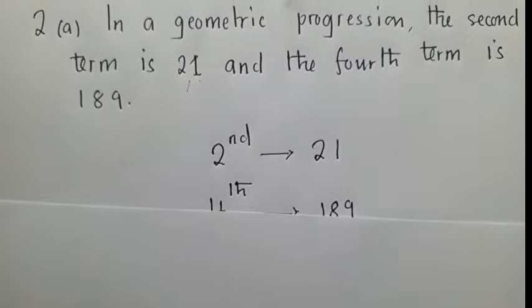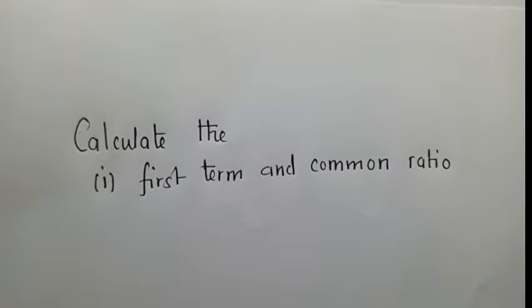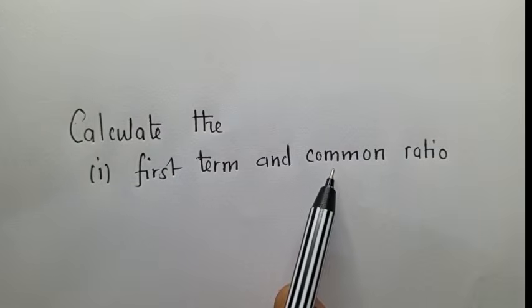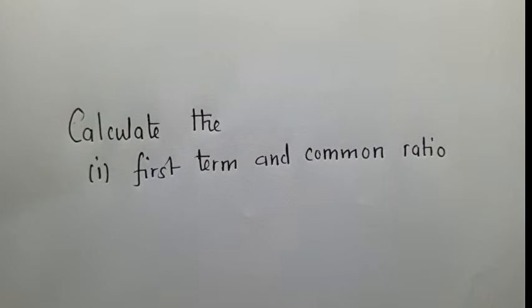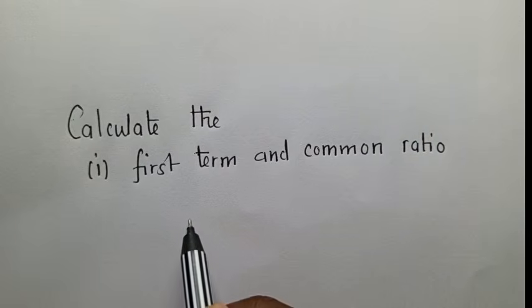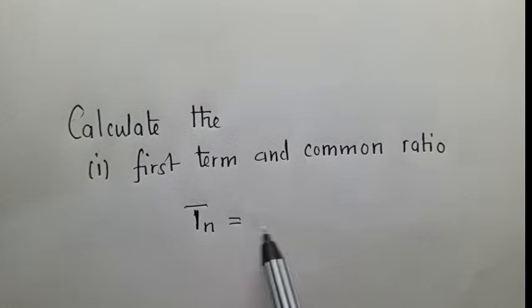They ask us to calculate the first term and the common ratio. In order for us to find the first term and the common ratio, we need to use this formula. It's a matter of just knowing this formula.